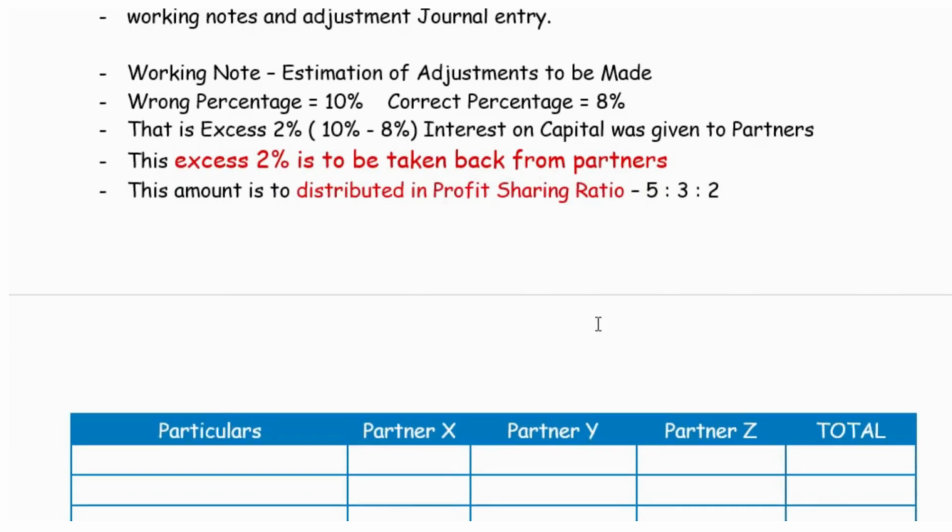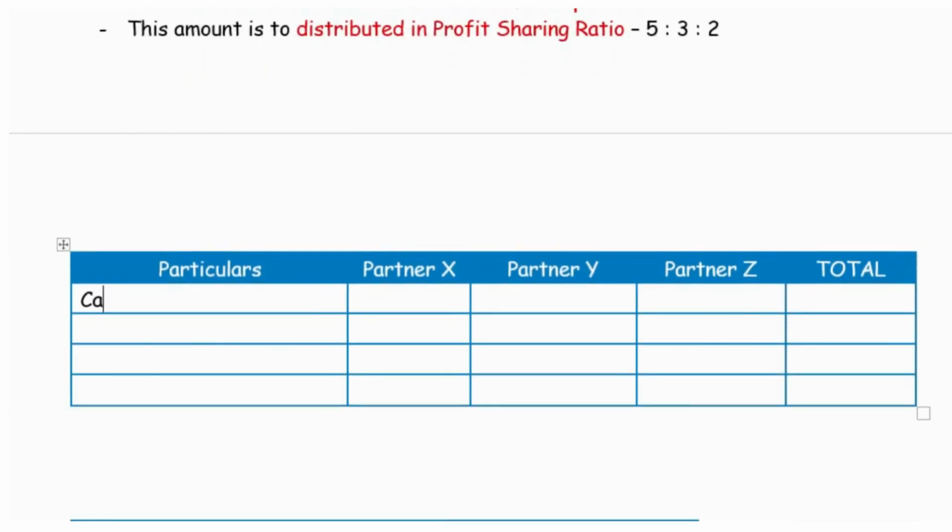Let us prepare a table for this, and we are given with a capital. That is, for the first partner, the capital amount is 3 lakhs, and the next partner, the capital is 2 lakhs.